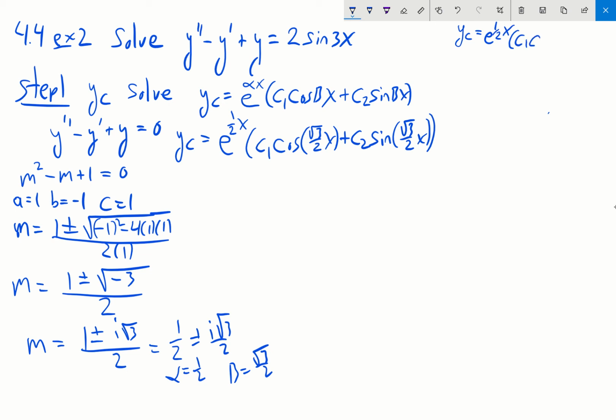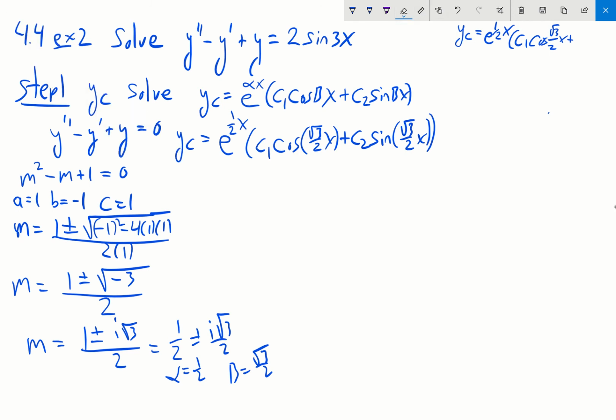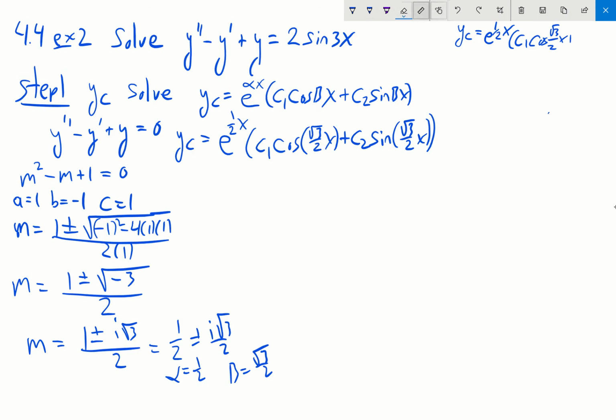We now need to solve for the particular solution. I'm just going to use a shorthand notation here, just to remind myself, so I'm going to erase quite a bit. e to the 1/2 x, and I'm just going to say CIS, cosine i sine.